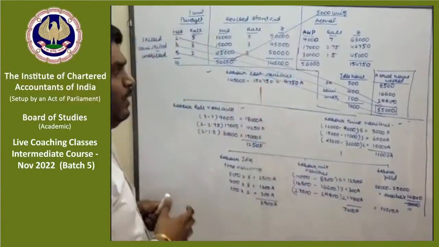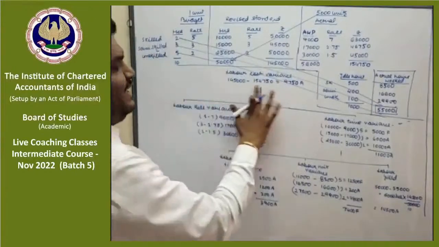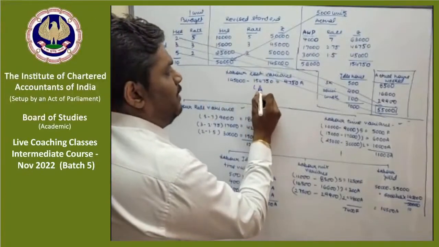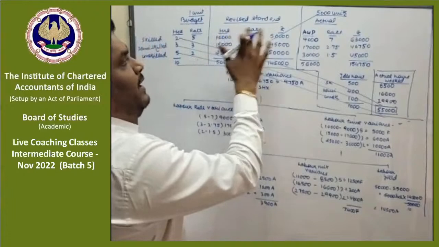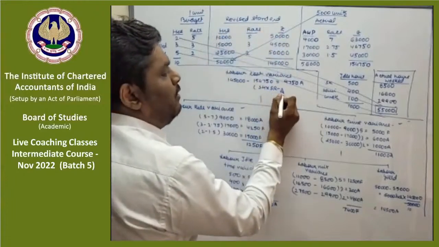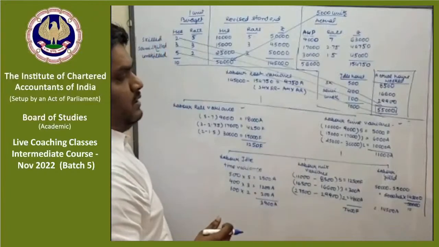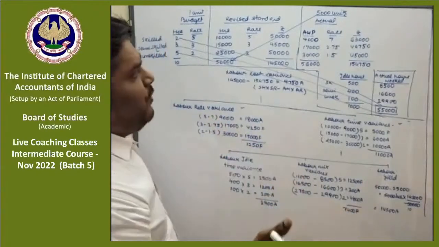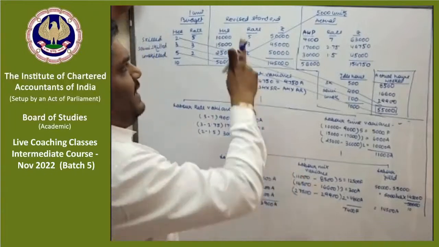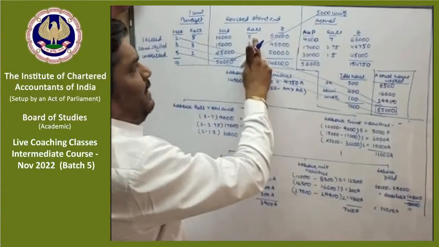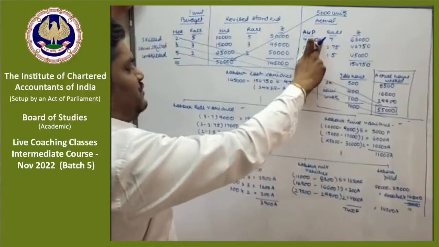As far as the formula is concerned, again, we can easily write the formulas, that is standard hour into standard rate minus actual hour into actual rate. Similarly, in rate variance, the same formula that we use for price variance, that is standard rate minus actual rate into actual hours.